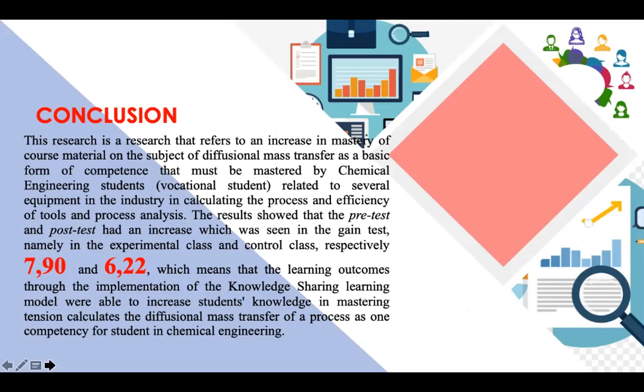These results showed that pre-test and post-test scores had increased, which was seen in the gain test, namely in the experimental class and control class, respectively 7.9 and 6.22. This means that the learning outcomes through the implementation of the knowledge sharing learning model are able to increase students' knowledge in mastering calculations of diffusional mass transfer or process as one competence for students in chemical engineering.